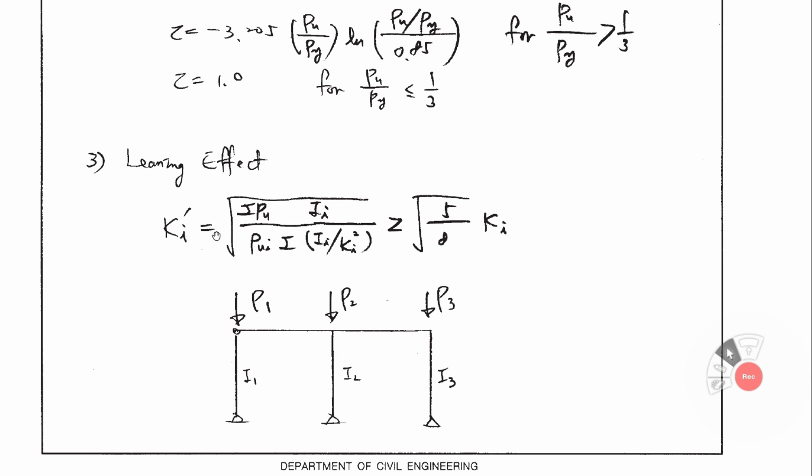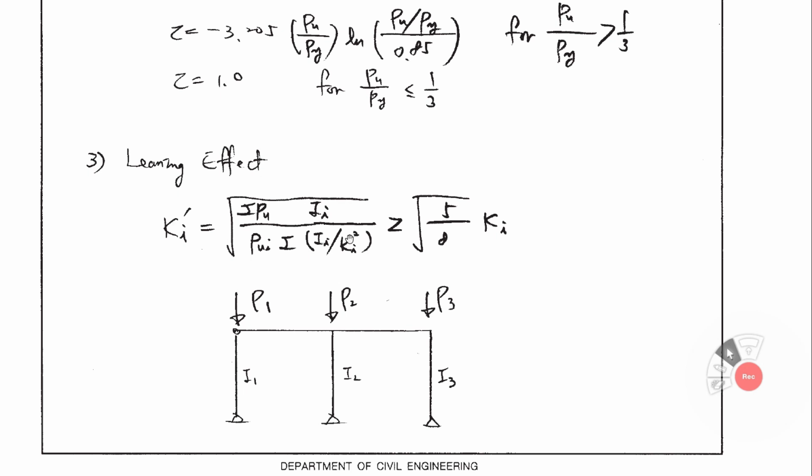Ki prime equals sigma Pu over Pui. Sigma Pu is the summation of the vertical load. If we calculate the K of the center column, then Pui is P2. And Ii is the stiffness of this column. Sigma Ii over Ki squared: we have the rigidly connected columns, this one and this one. So we have I2 divided by K2 squared plus I3 over K3 squared.